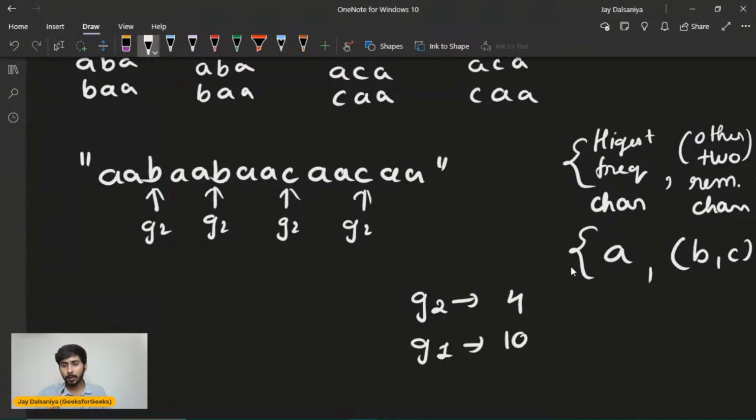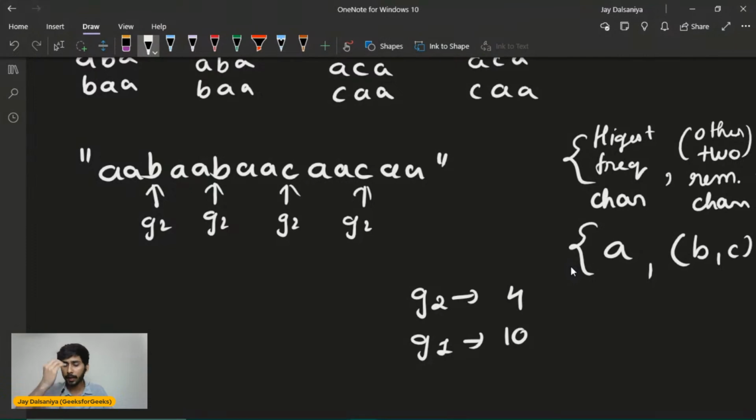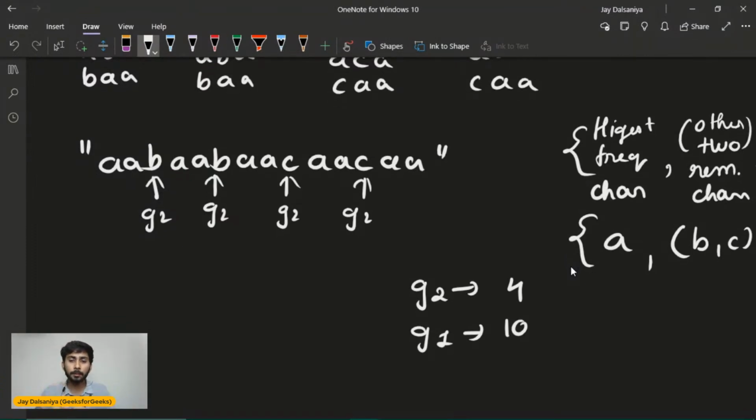So over here you can observe that if I am having 4 characters of group number 2, then I am able to place 10 characters of group number 1, right? So there should be some kind of relation.